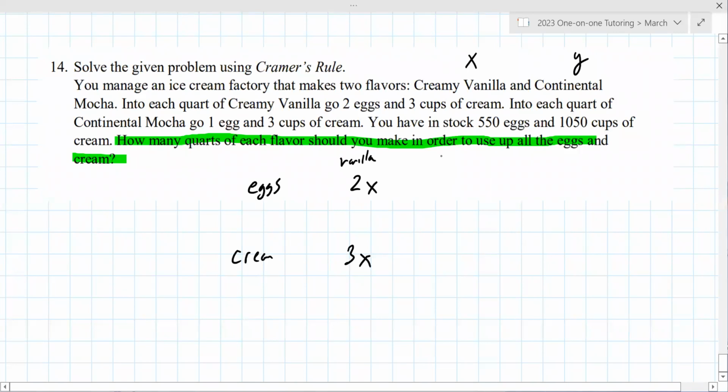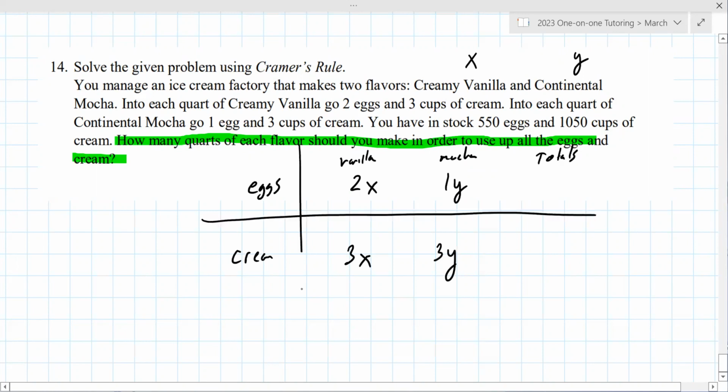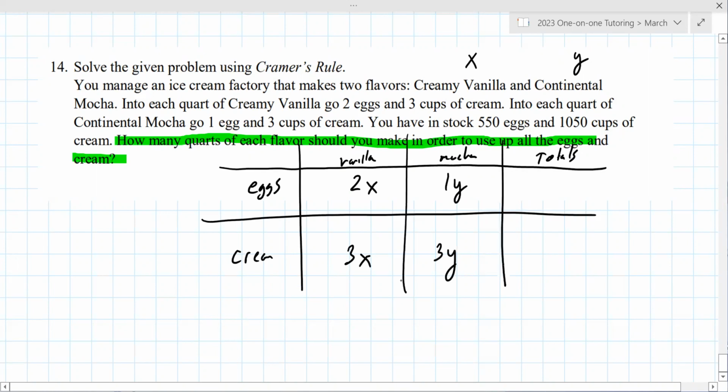And then mocha, 1 egg, so 1y, and 3 cups cream, 3y, like that. And then you typically have totals. So you're really setting up a table. You have in stock 550 eggs, 1050 cups of cream.